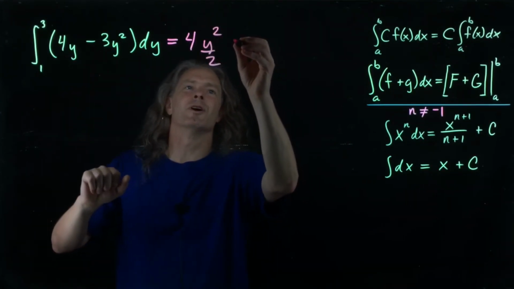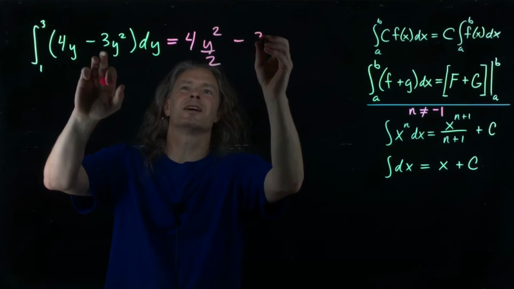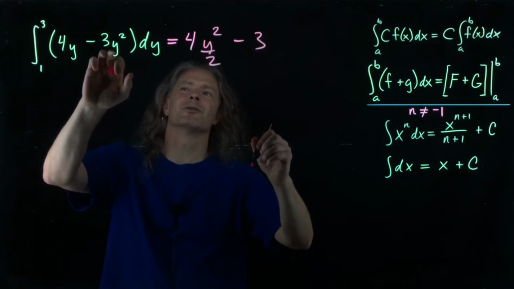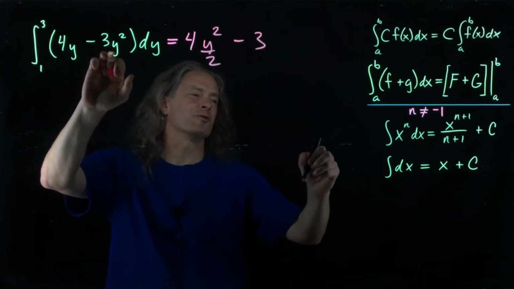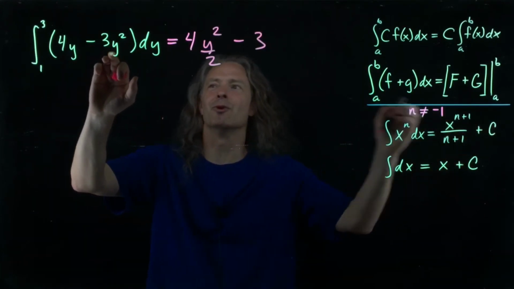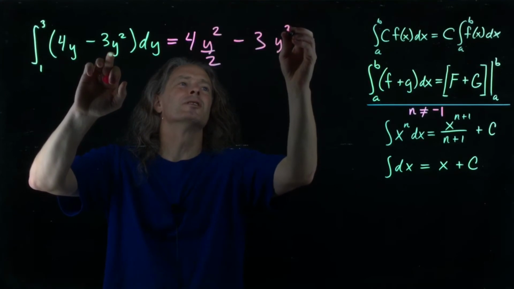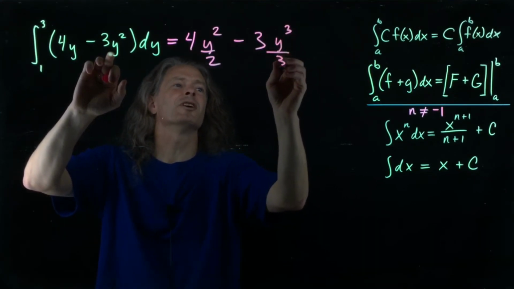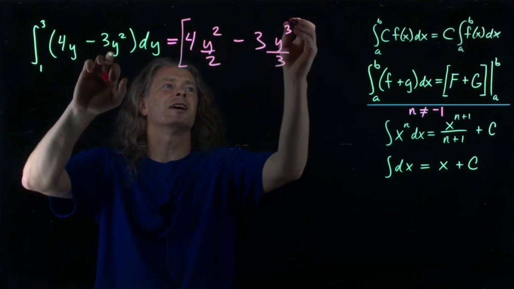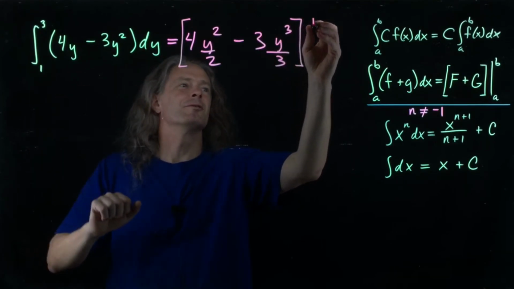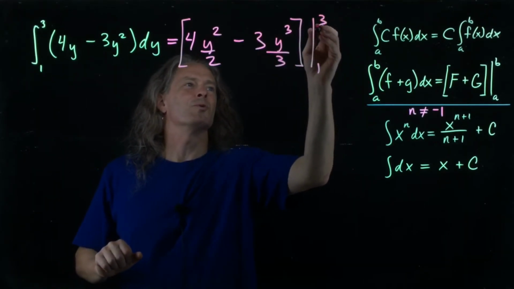For the second one, I've got my 3 comes out, and then I've got the integral of y squared with respect to y using the same rule. The y squared goes up 1 power to y cubed, and then I divide by that new exponent. And then all of this I have to evaluate at the limits from y equals 1 to y equals 3.